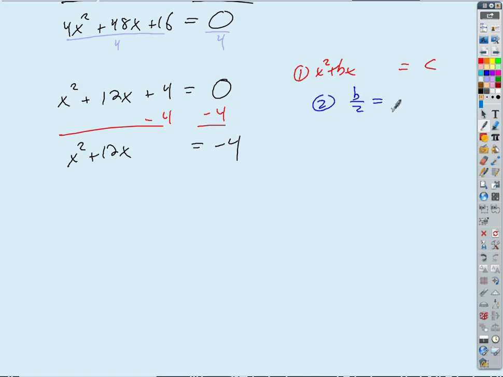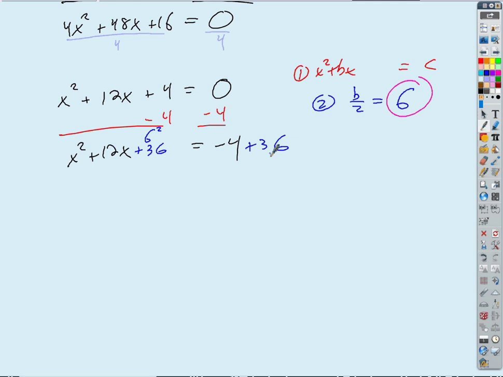B over 2 equals, so 6. Good. There's my magic number, right? So what am I adding to both sides then? 36. Good. 6 squared is 36, right?